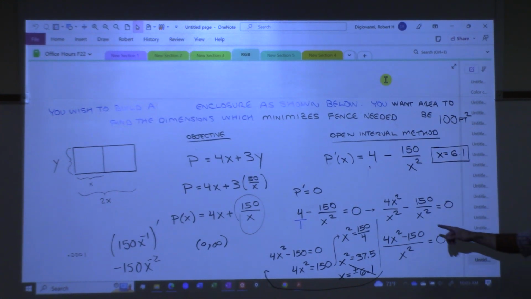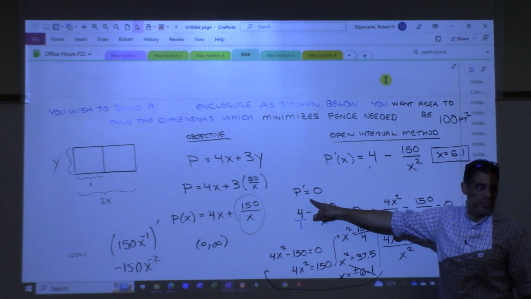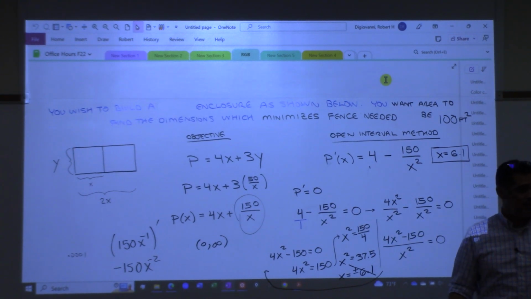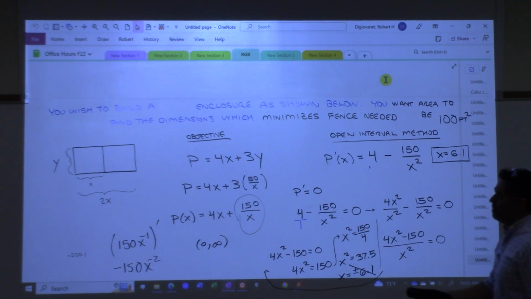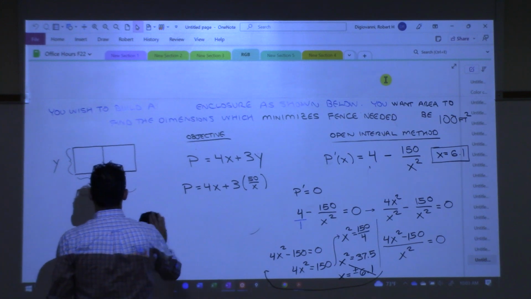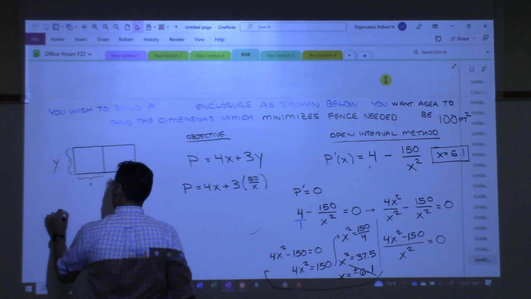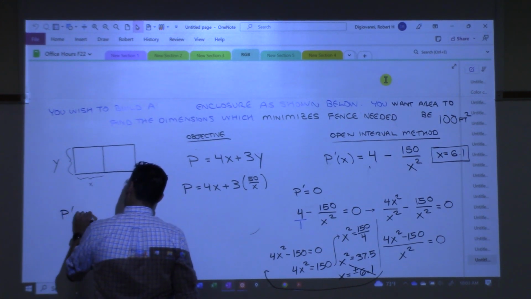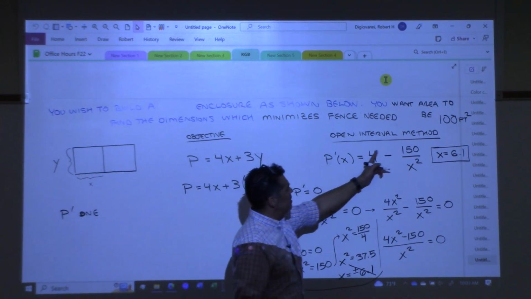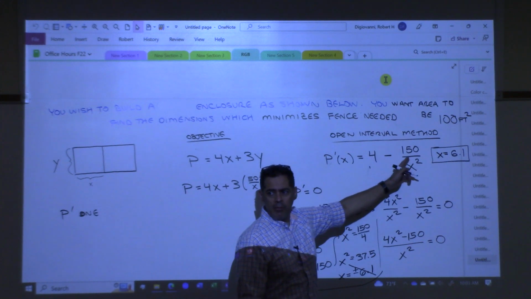That was me trying to figure out where the derivative was 0, right? I also need to figure out where the derivative doesn't exist. Let me do that over here. Where does this derivative not exist? Here's your derivative. Is there anything I could plug into that would cause a problem? 0.